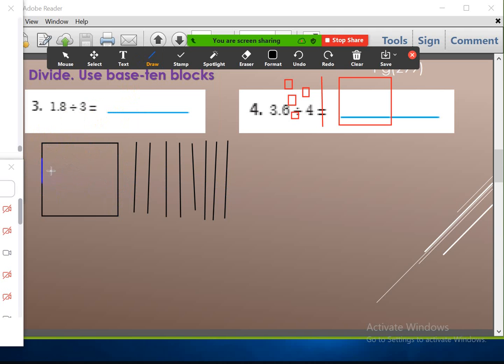You know that the flat consists of 10 longs, right? So I will divide it into 10 longs. 1, 2, 3, 4, 5, 6, 7, 8, 9, 10.